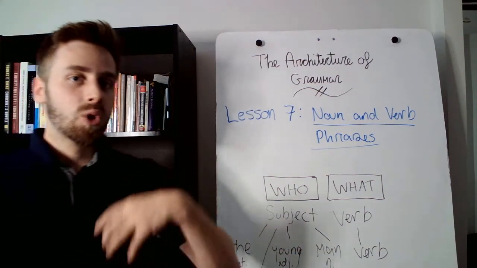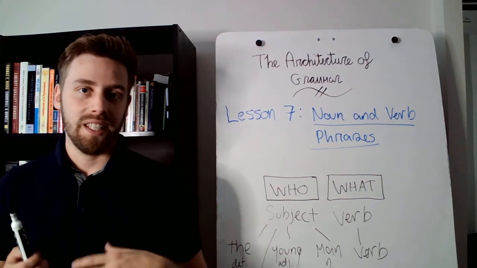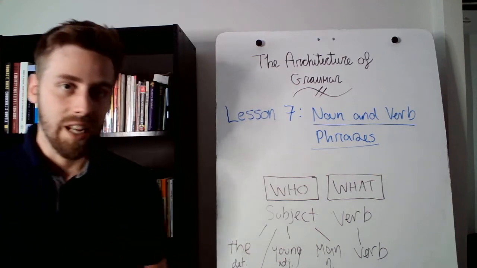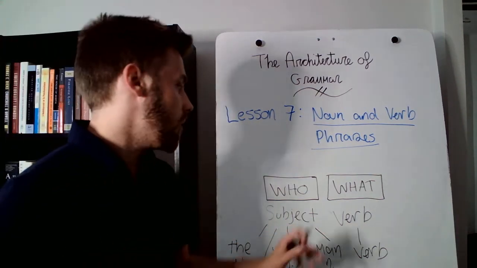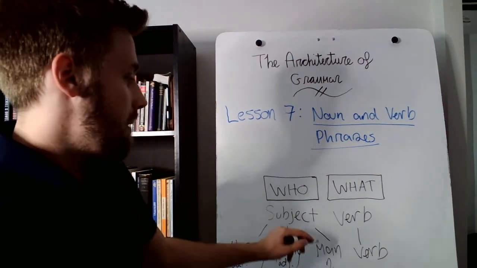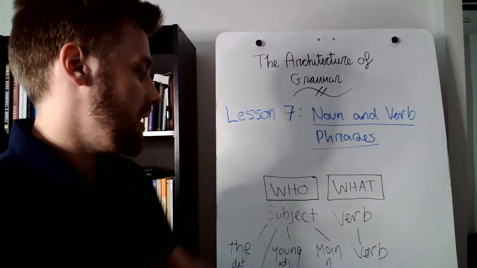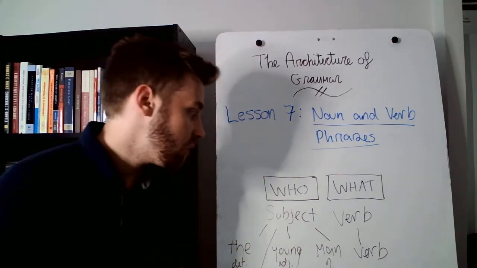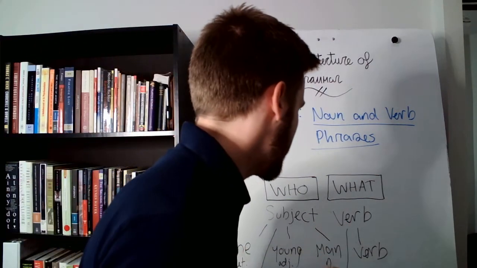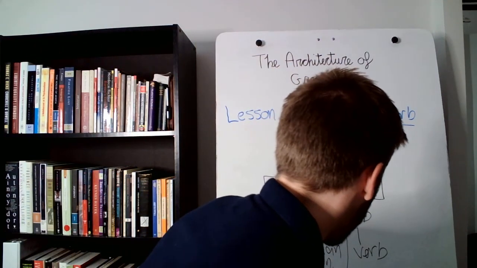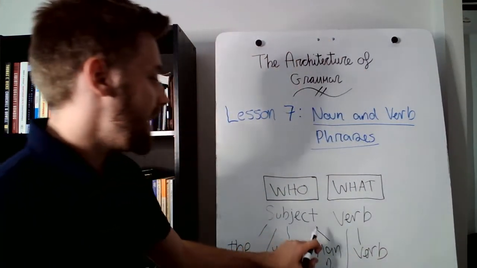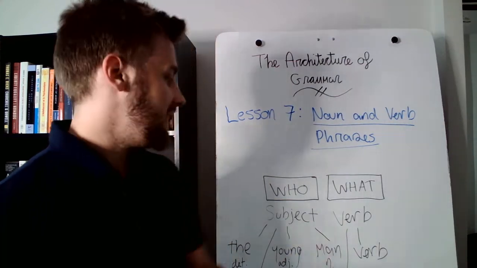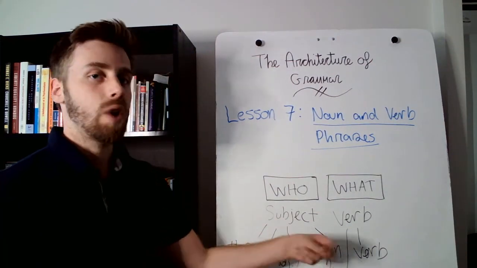Now here's the thing, we also have modals in the English language. We have modal verbs or auxiliaries, and we can use those. So, the extremely young man drinks coffee. Now if we add a modal verb, then we might have the extremely young man might drink coffee, or we could have the extremely young man is drinking coffee.